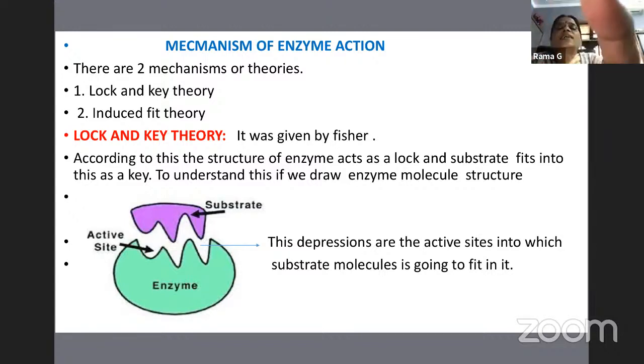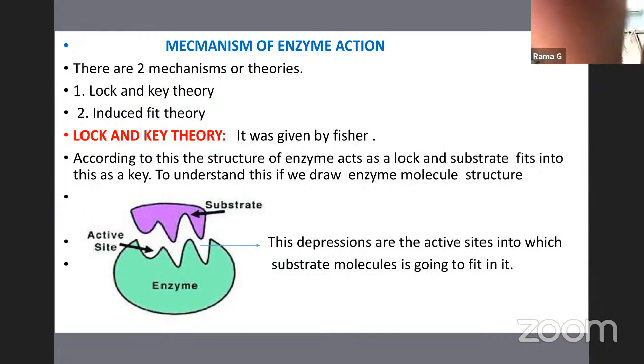He proposed that the shape of the enzyme's active site resembles the shape of the substrate molecules, and only then do they form a complex.